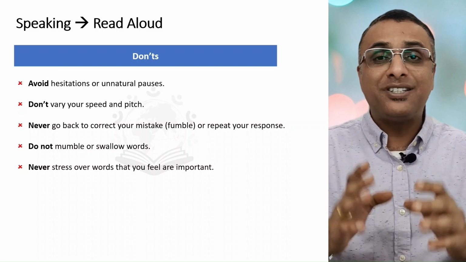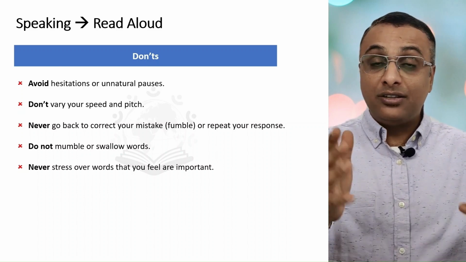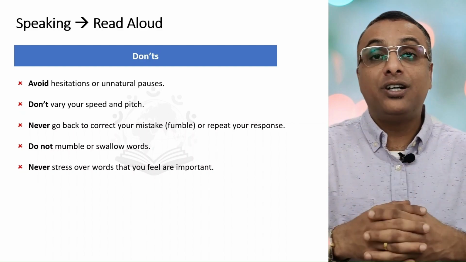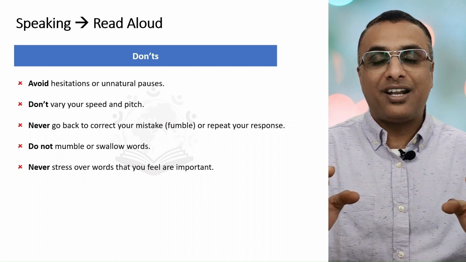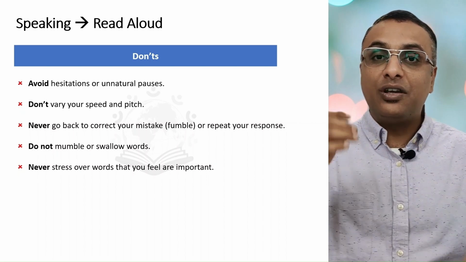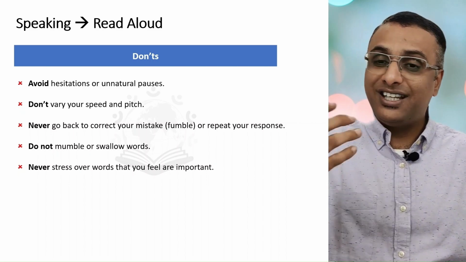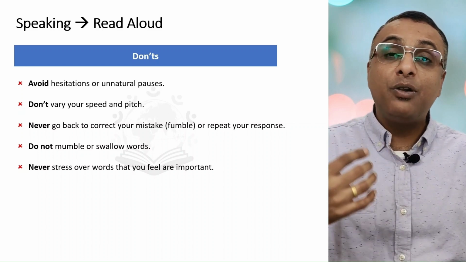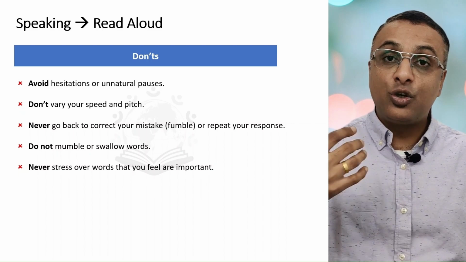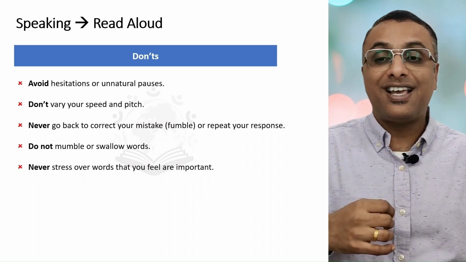It is your perception that this word is important or that word is important. Give equal importance to all of the words in the paragraph. There is no need to give importance to a few words. Avoid this particular mistake, which people will not realize at all. So you need to control this as well.